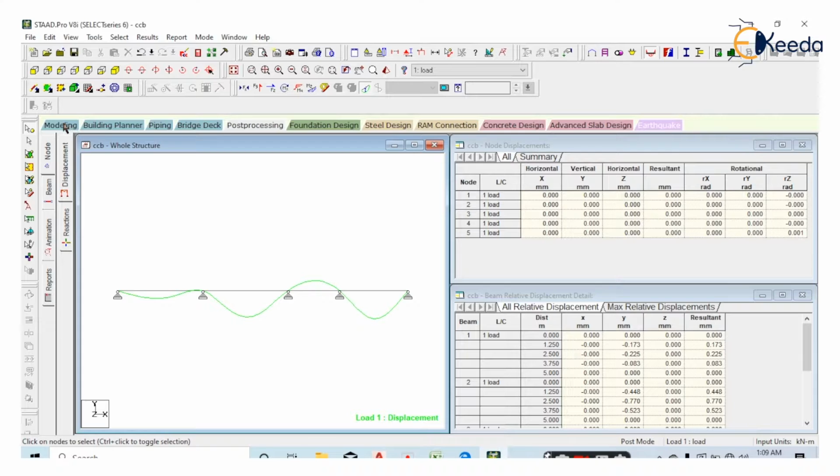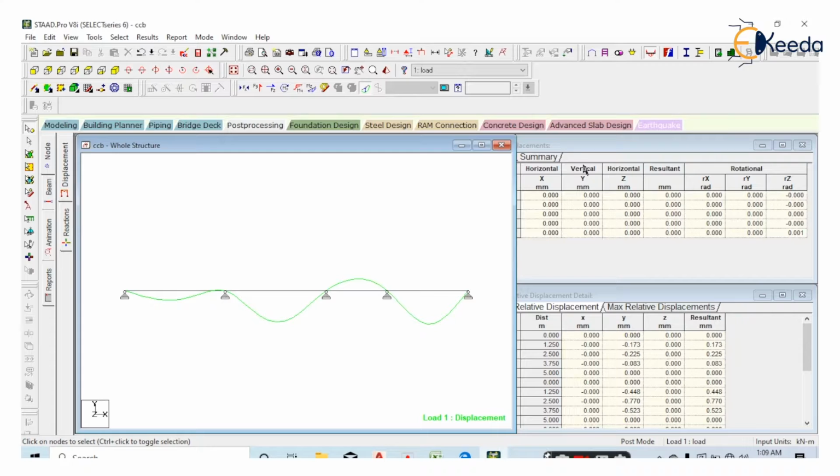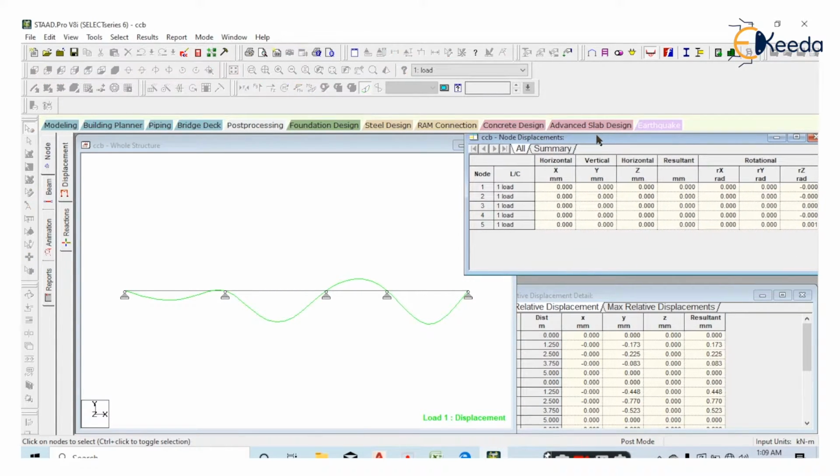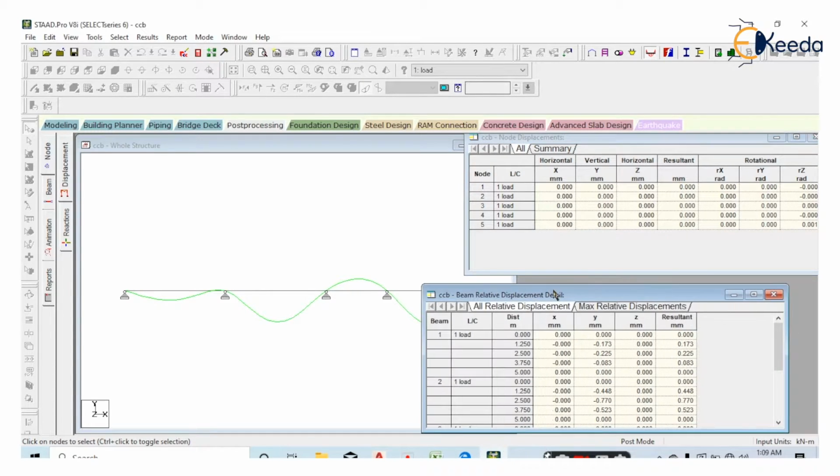You can interchange the modeling and post-processing mode like that. Okay, so it's a diagram. This is the deflected shape, or displacement, of a beam.